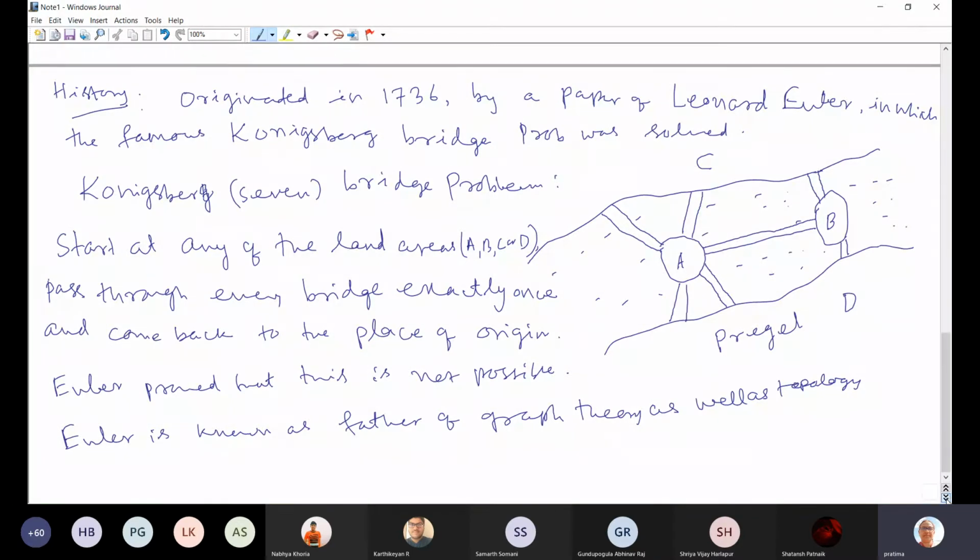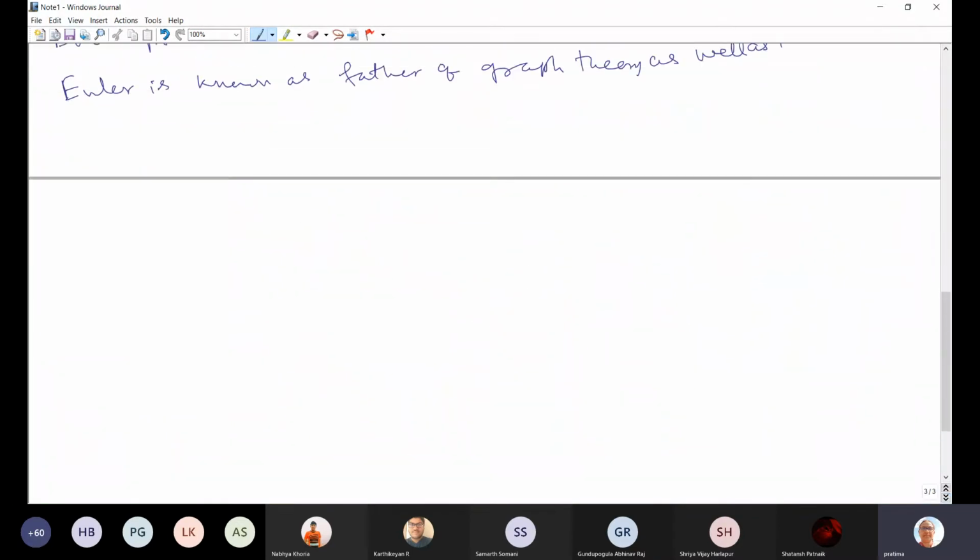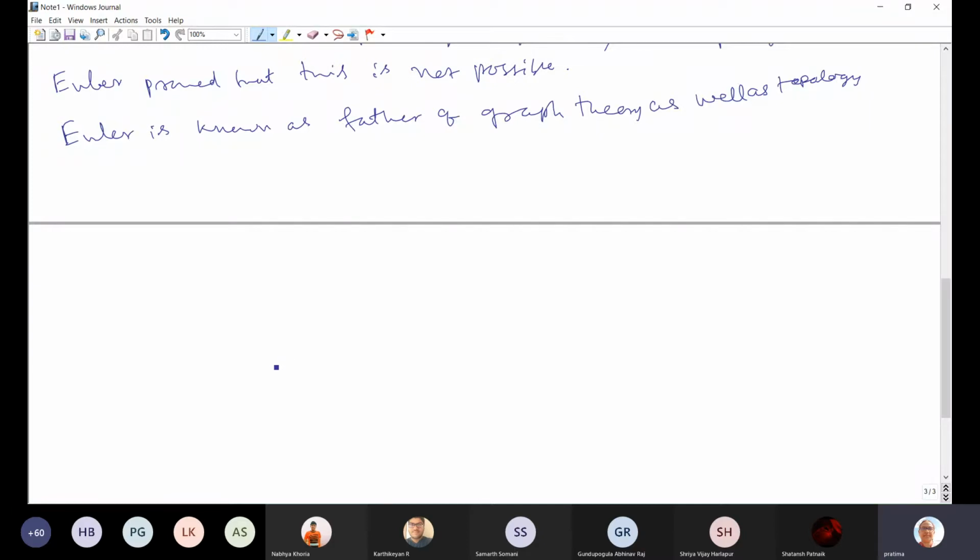But after this paper of Euler, for about 100 years there was no development in the subject of graph theory. Then Kirchhoff, you know, from electrical circuits, you might have heard of Kirchhoff.